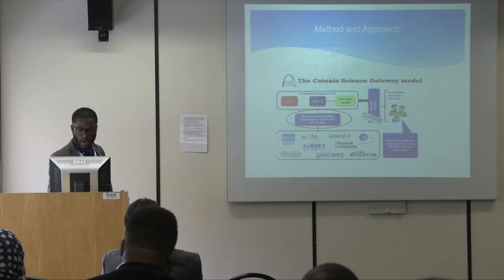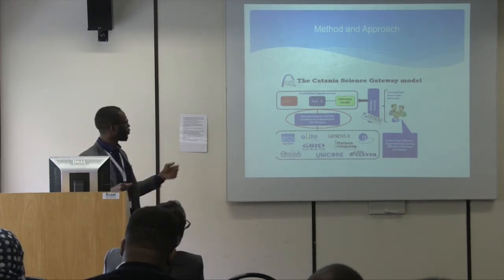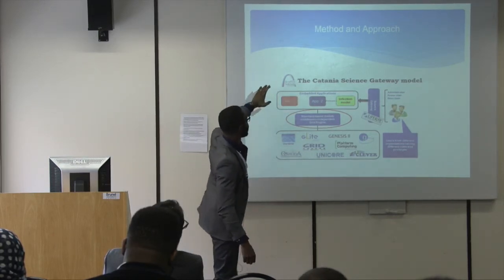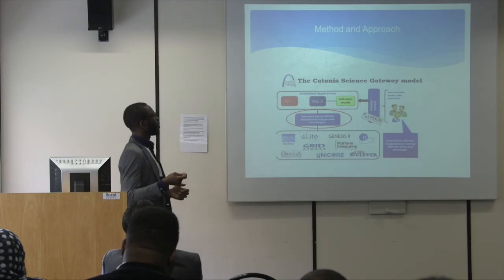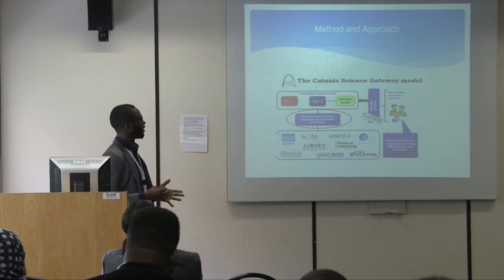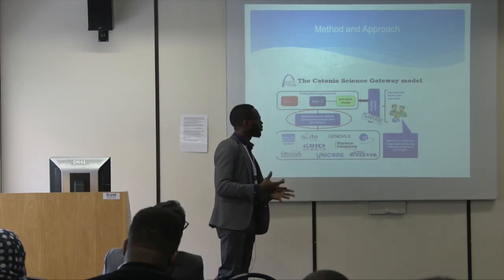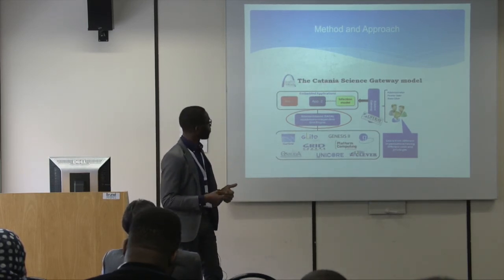So when a user wants to log on to our Science Gateway, it takes them to Identity Federation and Identity Providers, which is a service that checks to see if a user is who they claim to be.